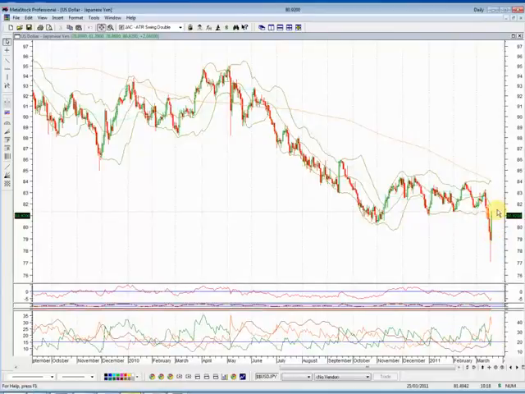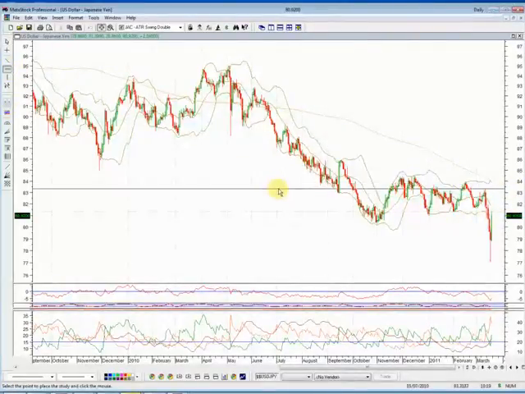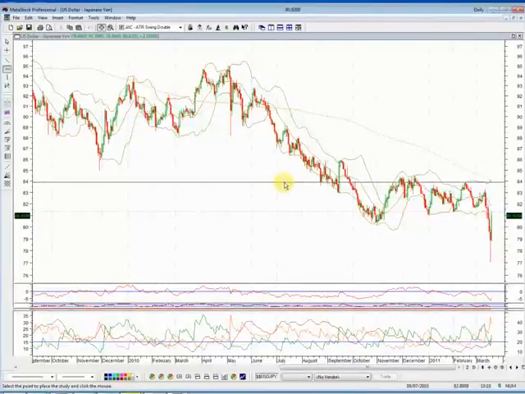However, we are going back to that level too fast, and I want to see more action here before I can make up my mind if we are going lower again, or if we'll go up at least to that level and go back to that sideways action that we saw for the last few months in 2010.